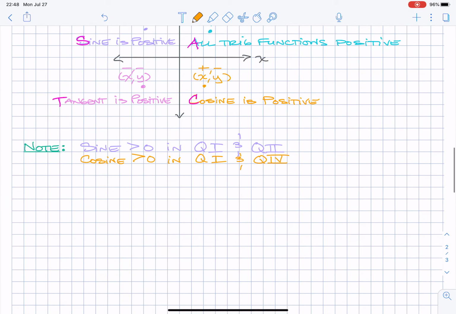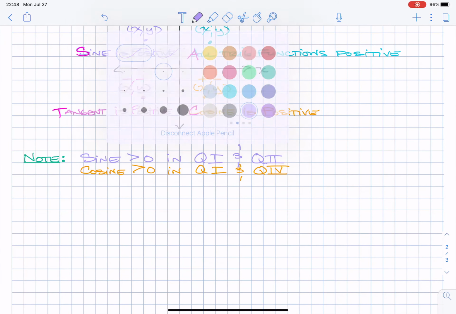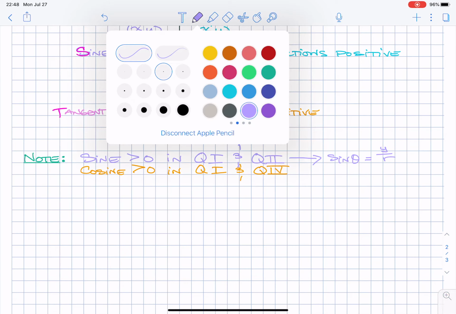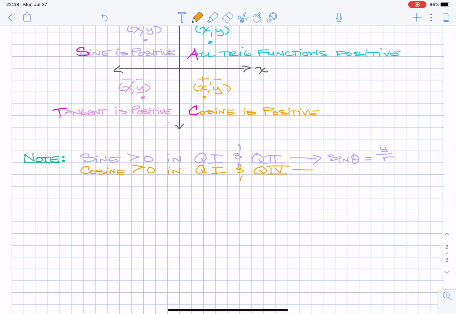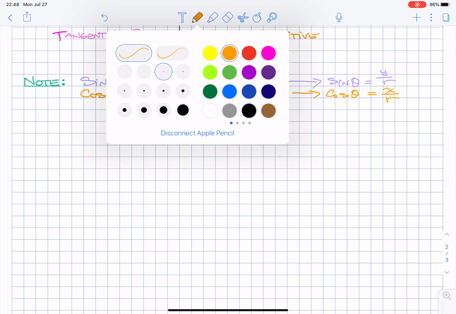Okay. So remember, sine of an angle theta was y over r, whereas cosine of an angle theta was x over r. So let's see what that means with respect to x and y coordinates.